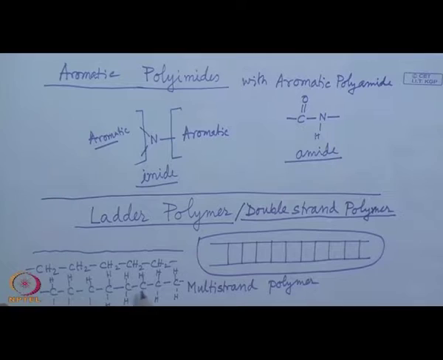Now, if this polymer is exposed to a thermal or radiation environment, what will happen? That thermal or radiation energy can cleave any of these primary covalent bonds, or can cleave these also.